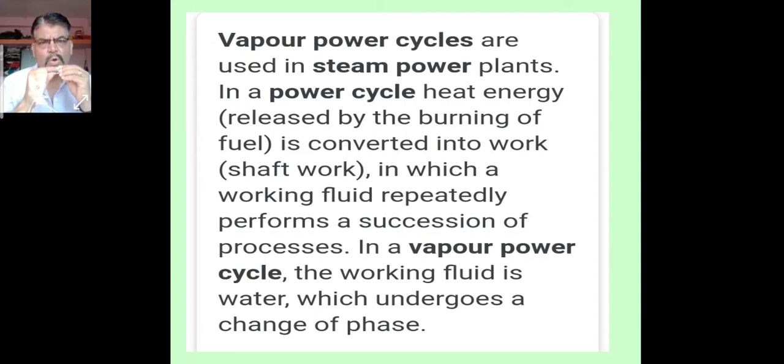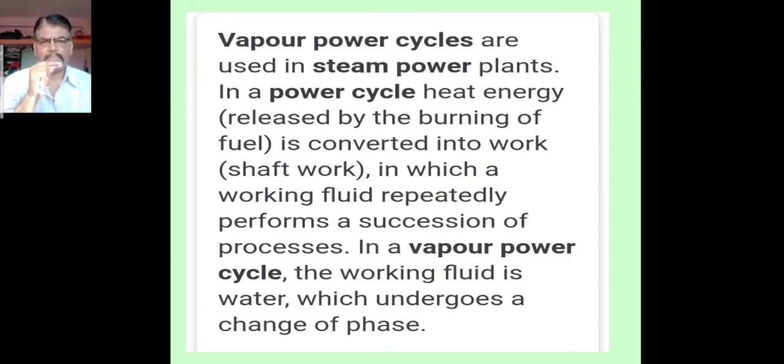Vapor cycles are used in steam power plants. In a power cycle, heat energy released by the burning of fuel is converted into work, that is nothing but shaft work, in which a working fluid repeatedly performs a succession of processes.